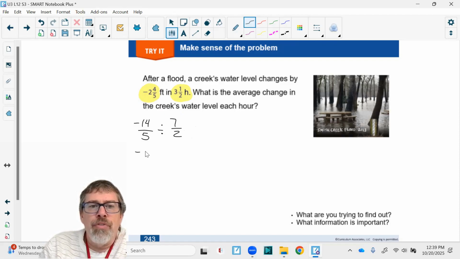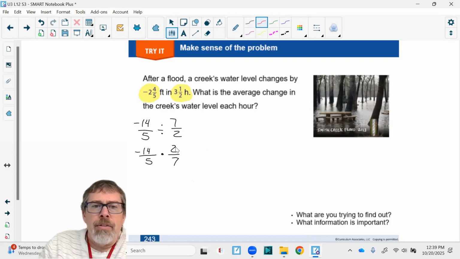Well, in order to divide a fraction by a fraction, you leave the first fraction alone. Okay, leave it as is. Change to multiplication, which is the inverse of division, and you take the inverse of the second fraction, which is just flipping it. When I do that, something happens.